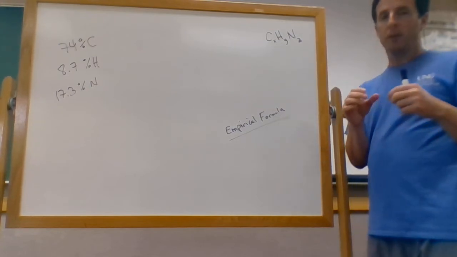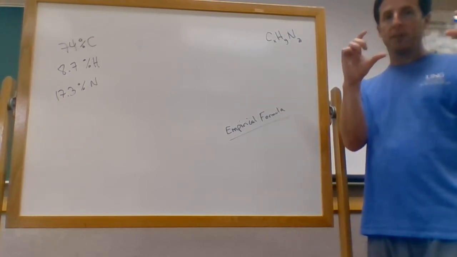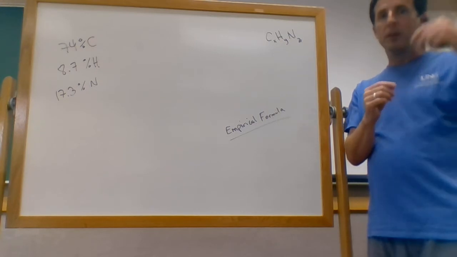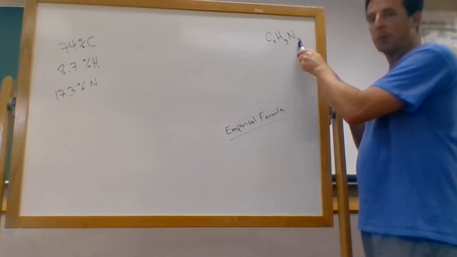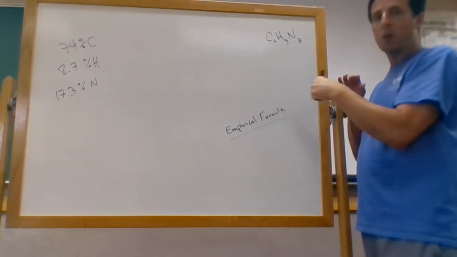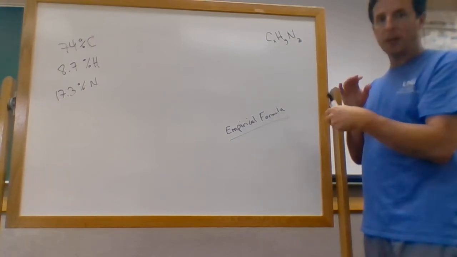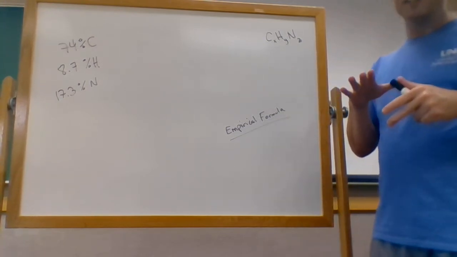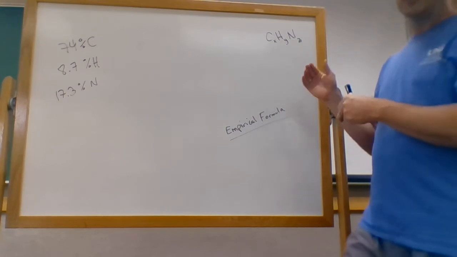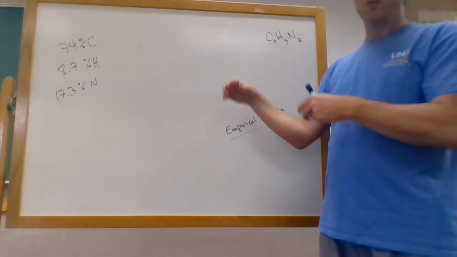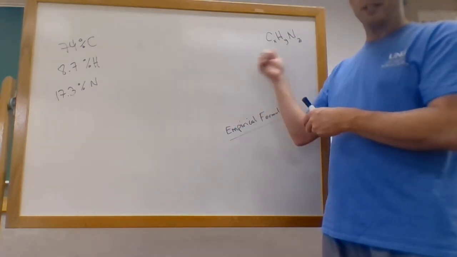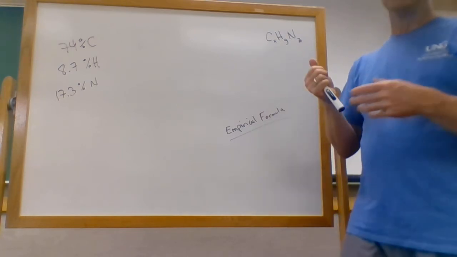Because again, if we just go to a higher scale in terms of the number of atoms, go up to Avogadro's number, 1 mole to 2 moles to 3 moles would still be the same overall ratio in terms of the atoms. Okay? So the point of that is, if we can convert our values into moles and then figure out what the ratio is from moles, that's going to be the chemical formula.